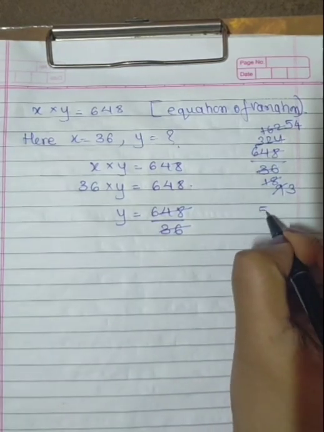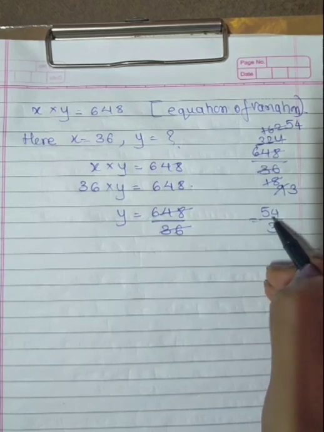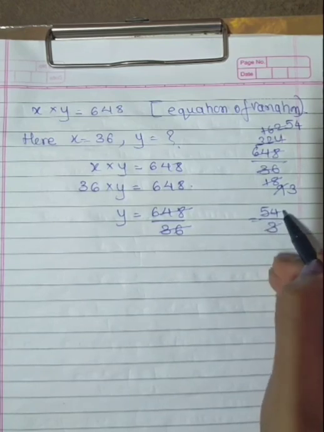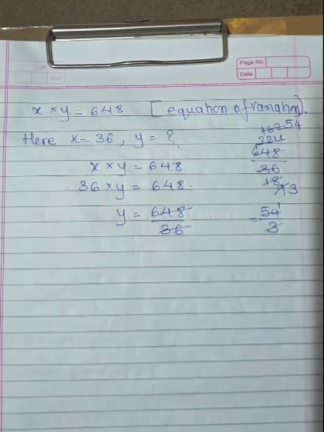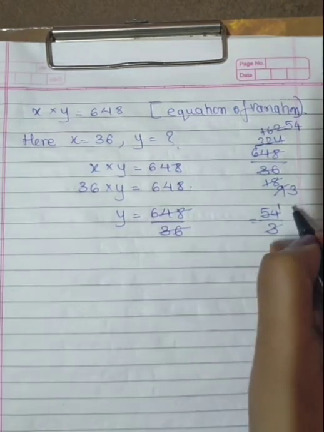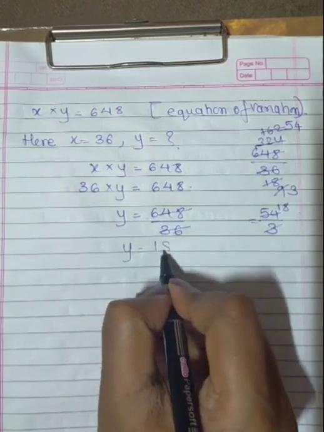Now again 54 upon 3 is there. Now again 3 1s are 3, 3 8s are 24. So we got y is equal to 18.